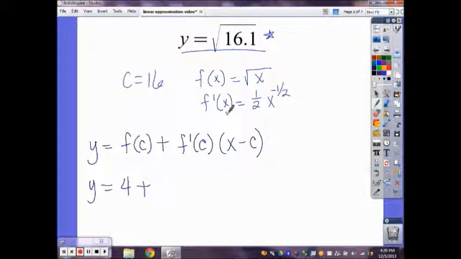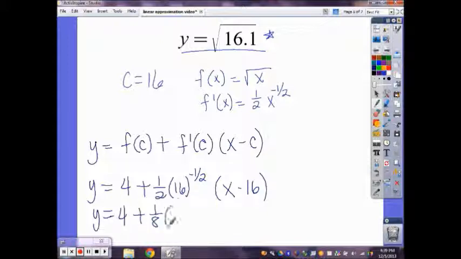So f prime of c would be 1/2 times 16 to the negative 1/2, and then times x minus c, which is 16. And so the square root of 16 is 4, and it's negative, so it's going to go on the bottom. So this would simplify to plus 1/8. And then this would be our equation that we use to approximate what the square root of 16.1 is.